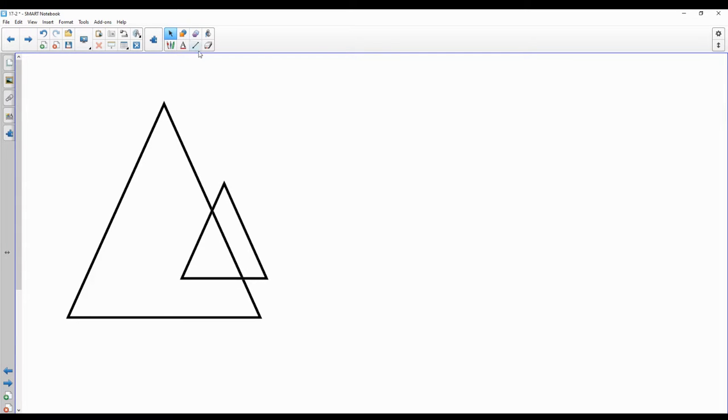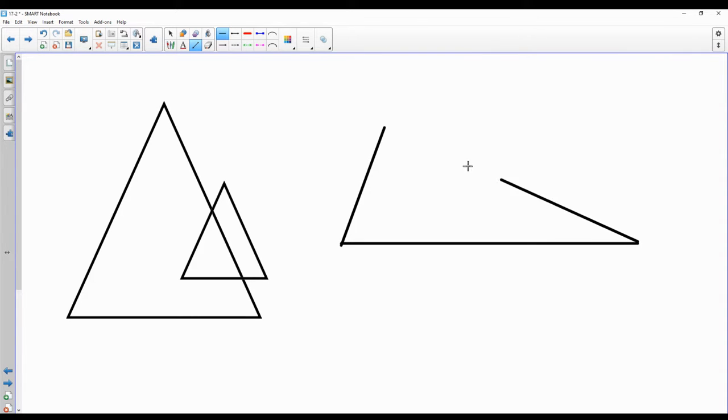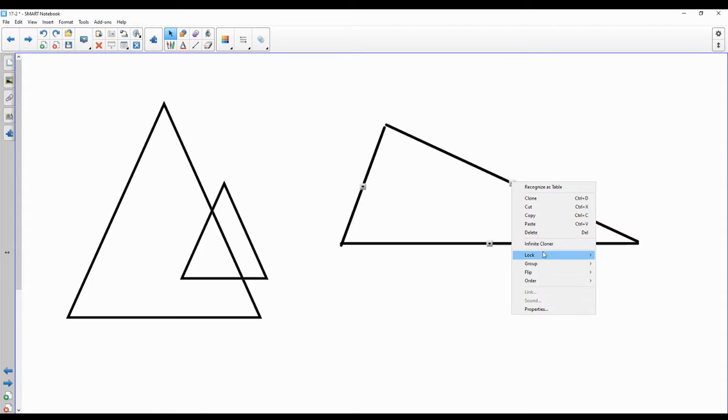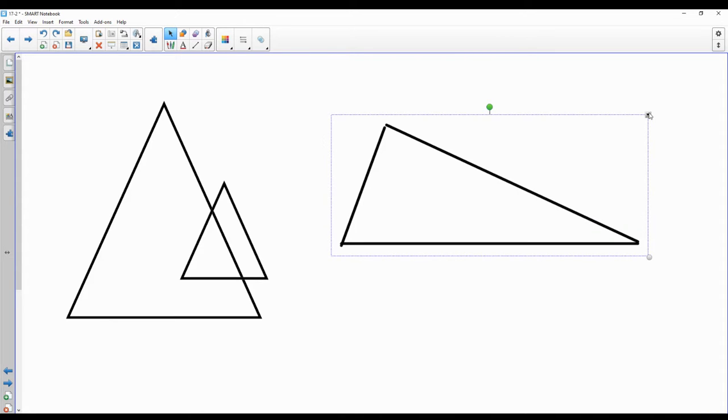I'm going to do one more thing. I'm going to draw my own triangle to show you that it could work with any triangle. All right, we're going to group this together, and then clone this one as well.